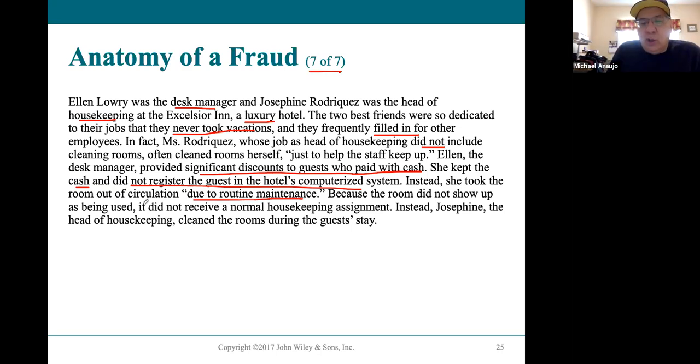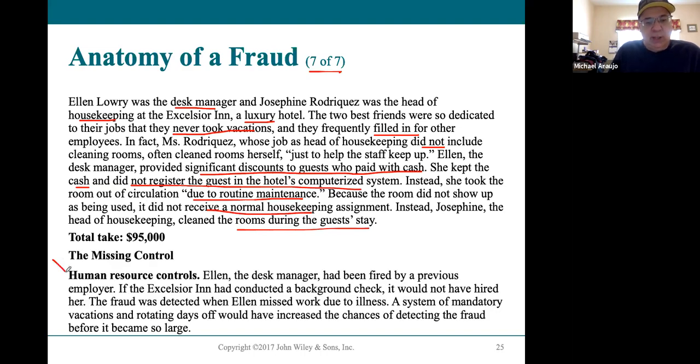Because the room didn't show up as being used, it did not receive a normal housekeeping assignment. Instead, Josephine cleaned those particular rooms during the day. They took $95,000.